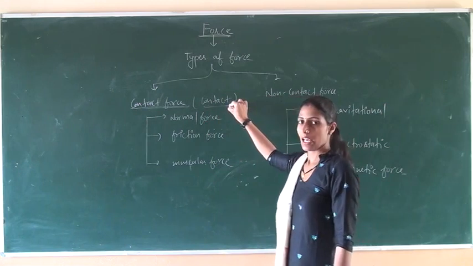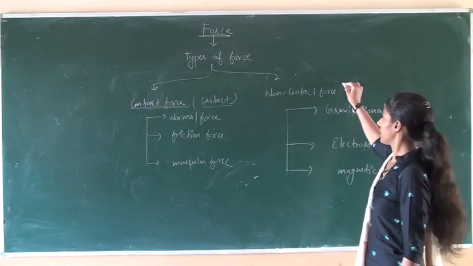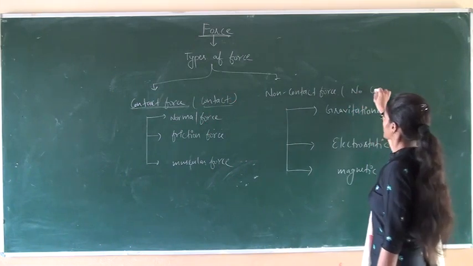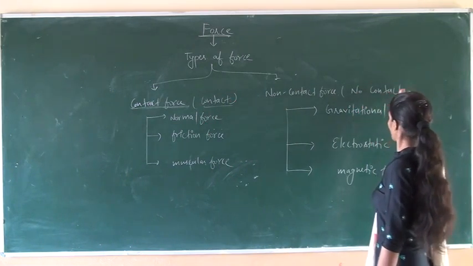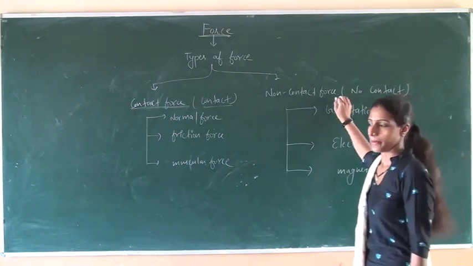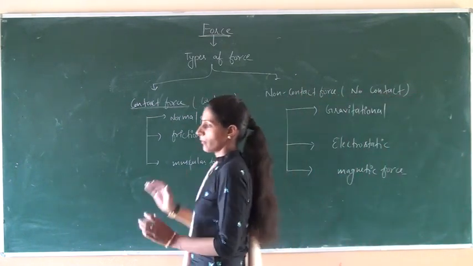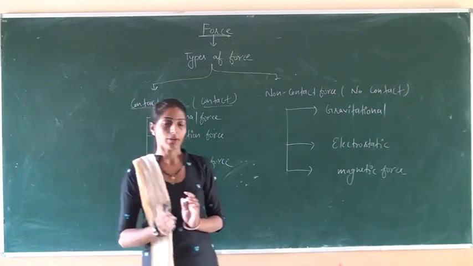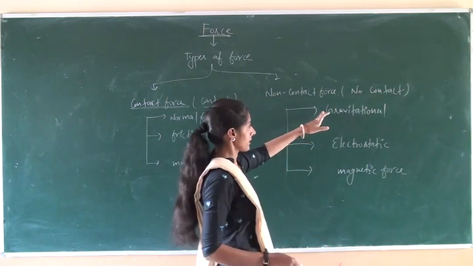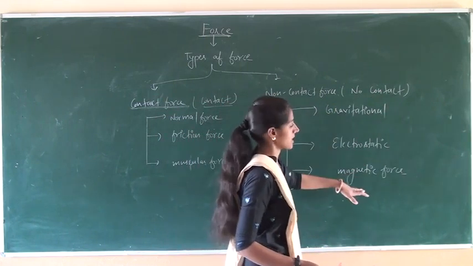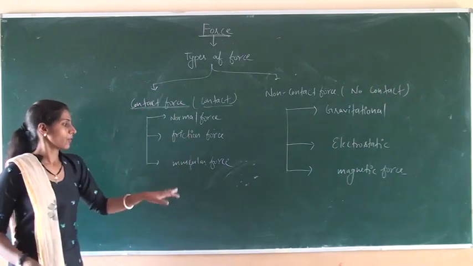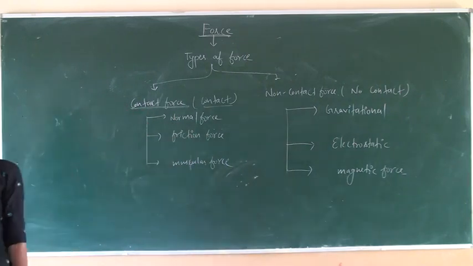And non-contact force, there is no contact, or they are not touching each other. Objects in which the force is produced are not touching each other. That is gravitational, electrostatic and magnetic force, and touching ones are normal force, frictional force and muscular force. Okay?